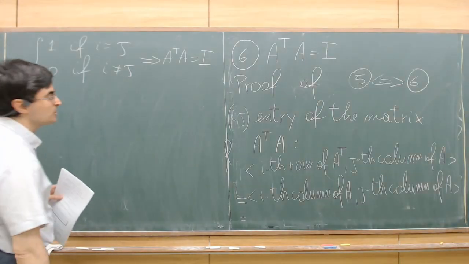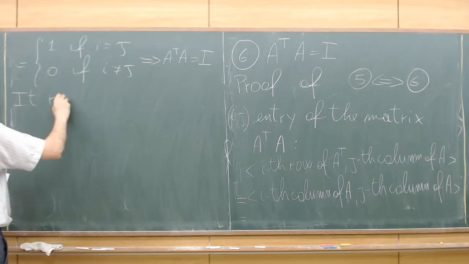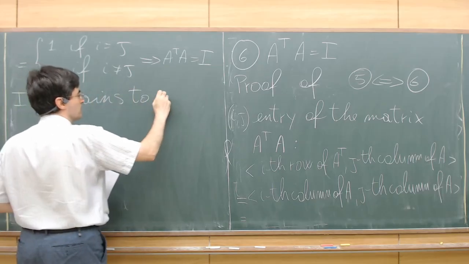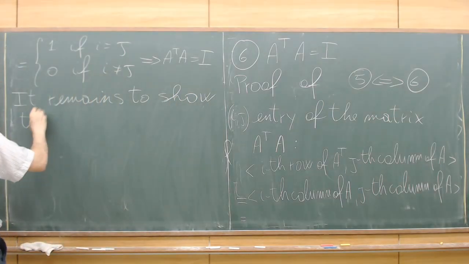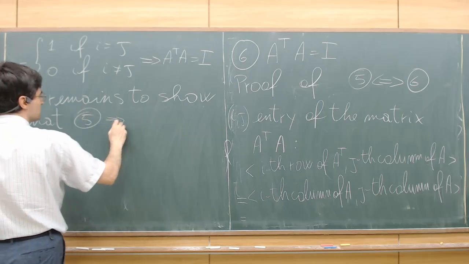Now it remains to prove that 5 implies 3.